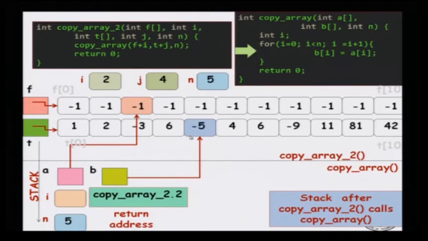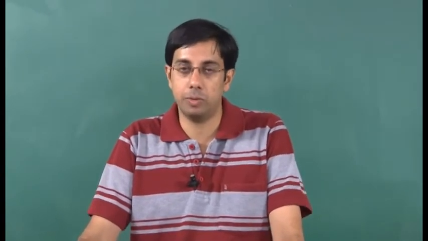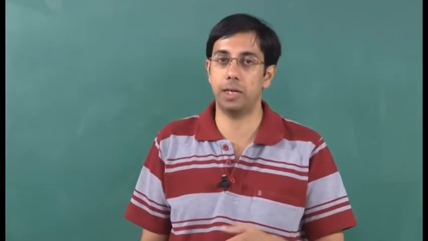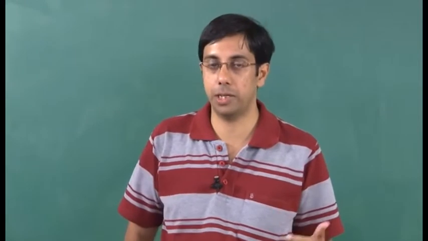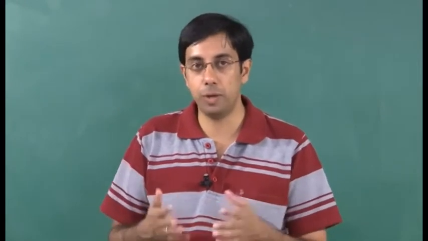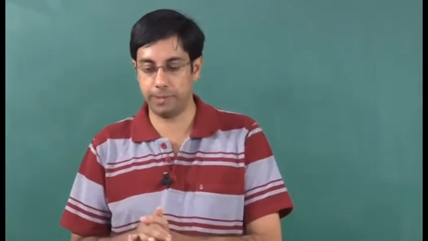Now, as far as copy array is concerned, it is not too bothered by the fact that it was not passed the absolute first address of the array. It will think that whatever address it has been passed is the start of an array, and it will work from there. Okay. So copy array does not bother that it was given the second element of the array rather than the first element of the array and so on. It will work as though the array started from there. Okay.